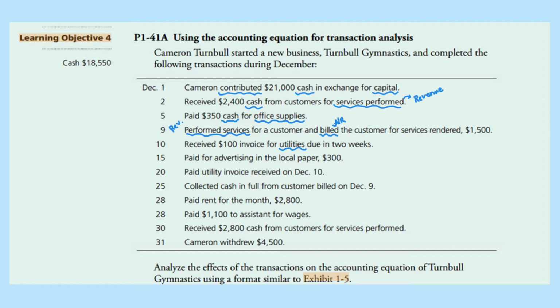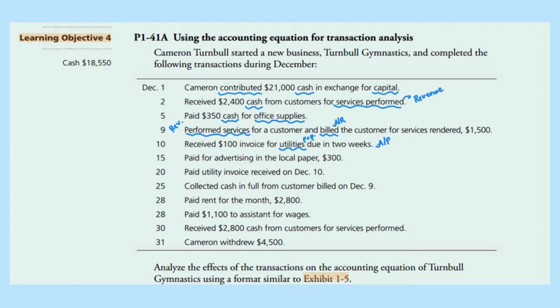I use the electricity and the water, okay? So it's an expense account. Since I received an invoice, it means I used those utilities. So it's an expense account. Did I pay? No, it's due in 2 weeks. It means I need to pay in the future. So it's gonna be accounts payable.